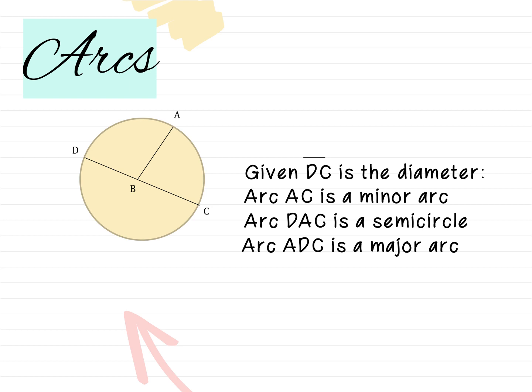So given segment DC is a diameter, arc AC is a minor arc, arc DAC is a semicircle, and arc ADC is a major arc. So remember, you always should go in order. The letters tell you the direction.